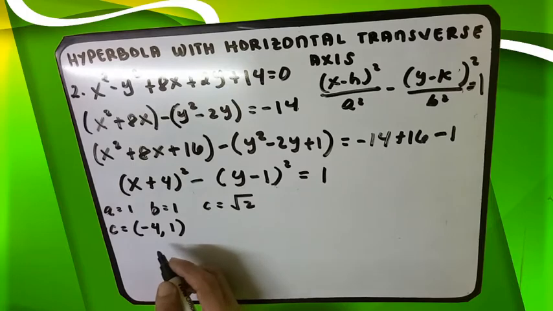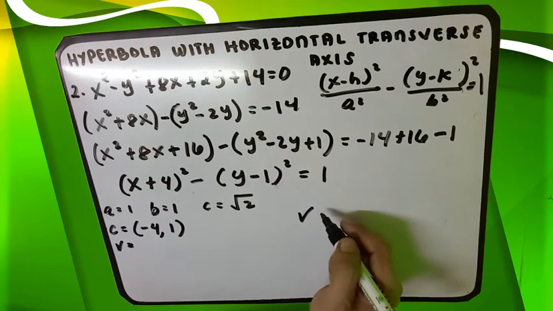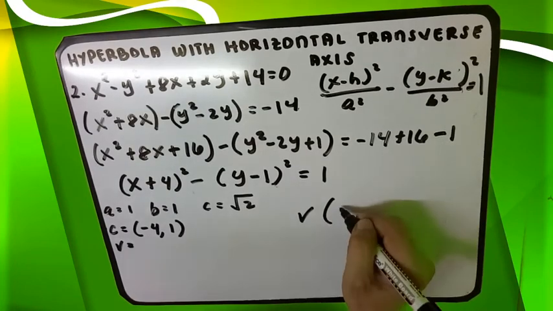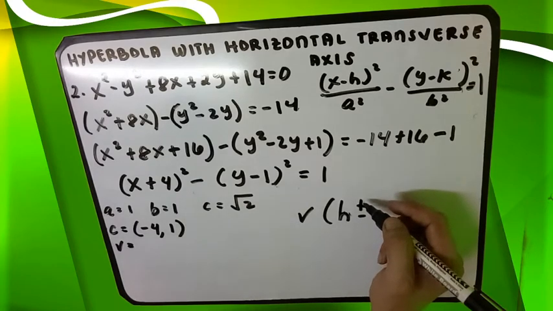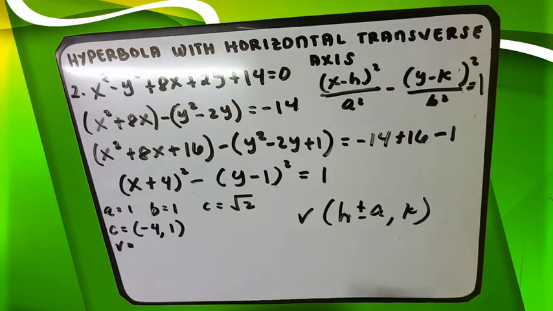Next, vertices. For the vertices, again, we use h plus minus a and then k.